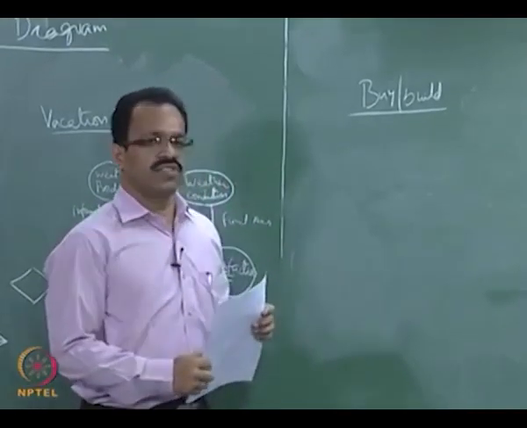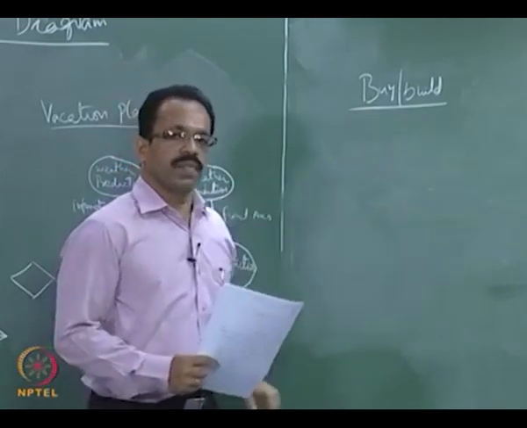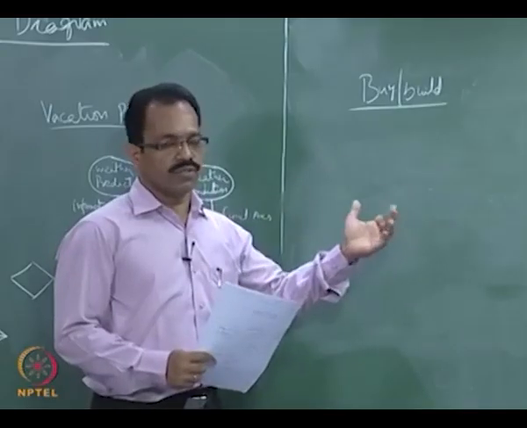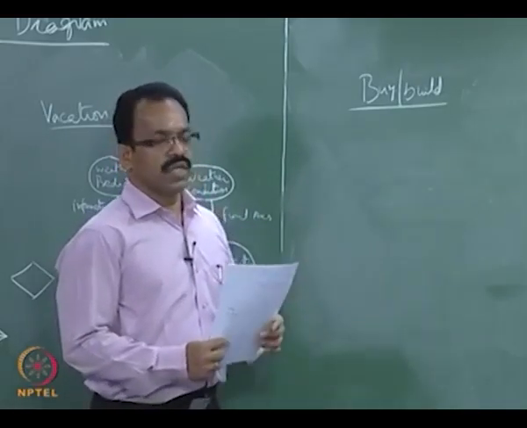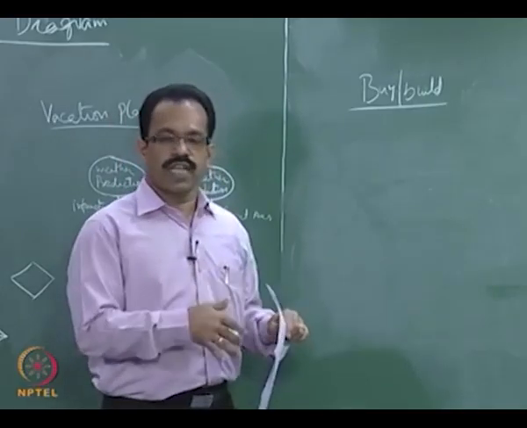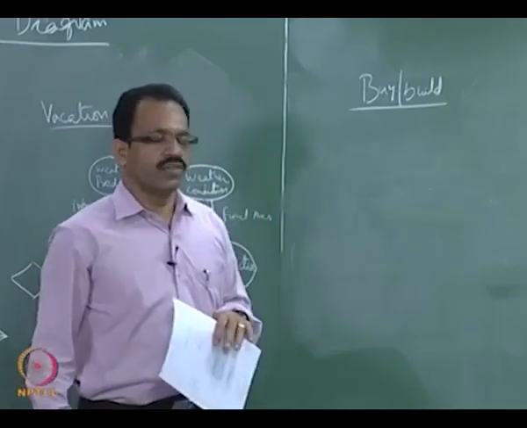That is a decision they need to make, which can be represented using the decision tree, and the decision tree can have all the values, probabilities, costs and other factors. We can add those parameters also, but for the time being we will just show how to make the decision tree for this particular situation.